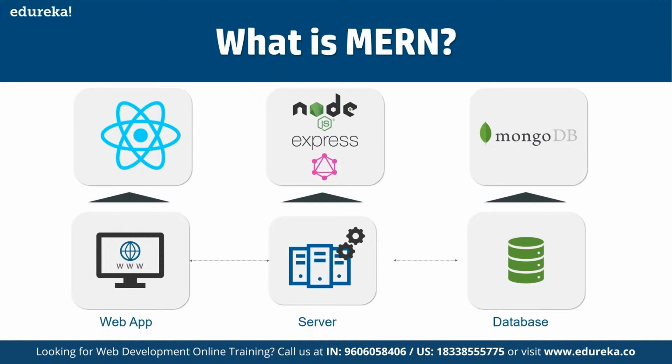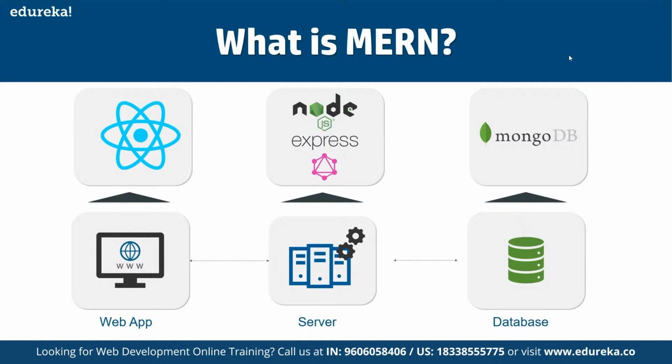Then R stands for React. React is a full-fledged JavaScript library for building user interfaces, given to us by Facebook. And N stands for Node.js itself. Basically, it's a complete runtime framework built on Chrome's V8 JavaScript engine, and it simply brings JavaScript to the server, and that is what the entire MERN is based on.